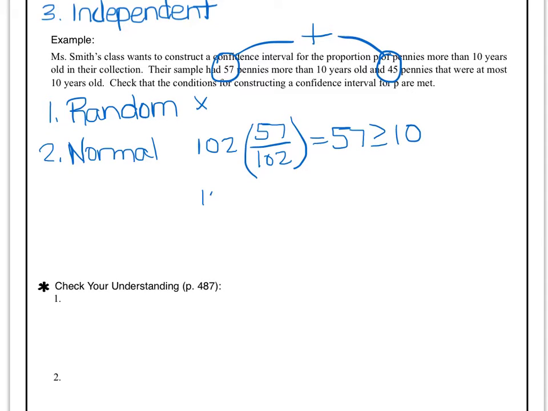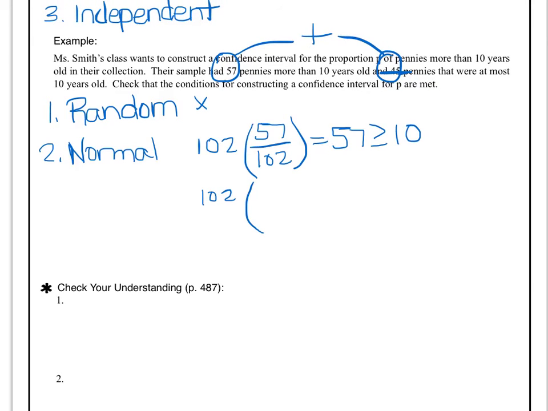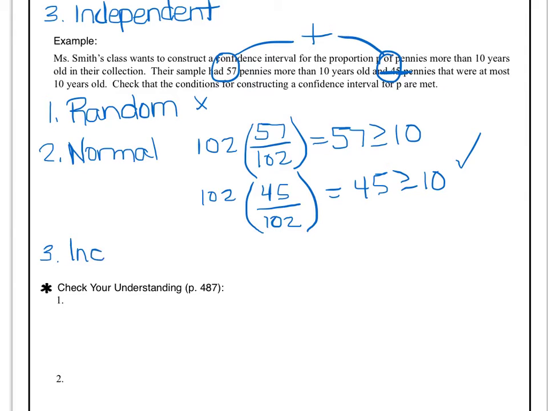And then I have to say 102 times 1 minus p-hat. Well, that's just going to be the number of pennies that were at most 10 years old. Turn that into a proportion, and that's going to give me 45, which is greater than or equal to 10. So this condition is met. And then 3 would be independent.